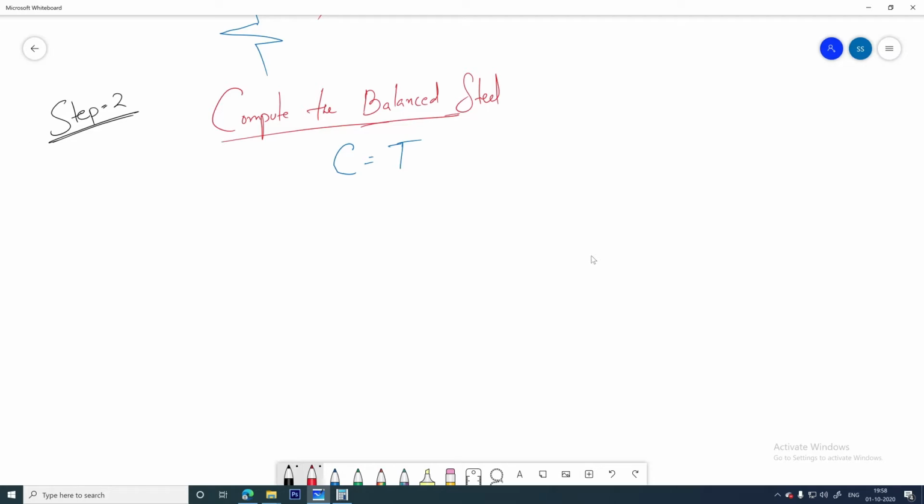That is 0.36 fck b xu, and the total tension is 0.87 fy Ast1. So here this is AST1 and this AST1 we need to determine.